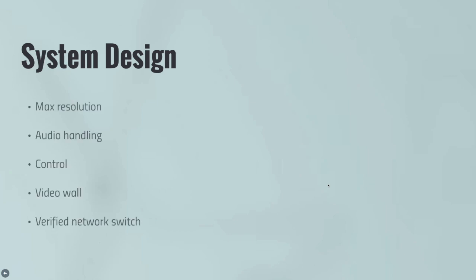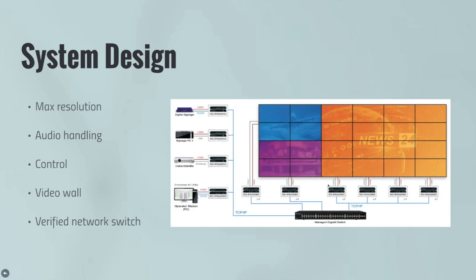Because it is a new thing in the AV industry to be doing AV over IP, and everybody's beginning to have to learn this, what are your considerations when designing a system that will determine whether you're going to use AV over IP, and what Key Digital product you will use out of our AV over IP product family? Well, you'll want to consider your max resolution, 1080p versus 4K, for example.